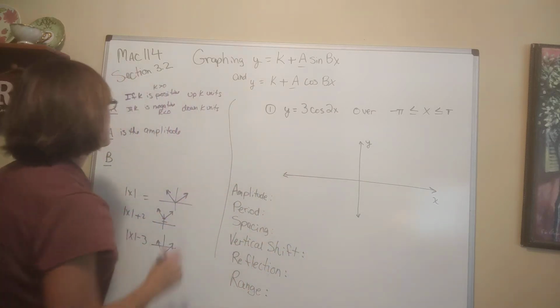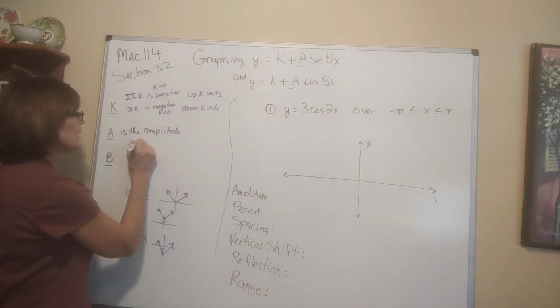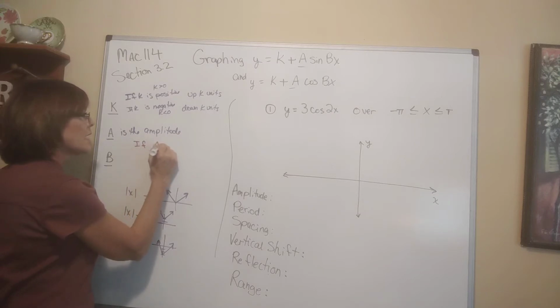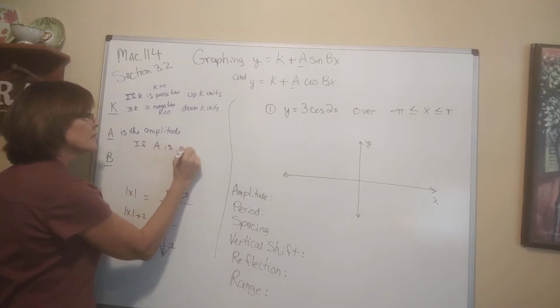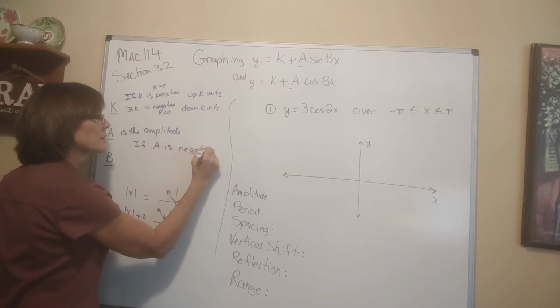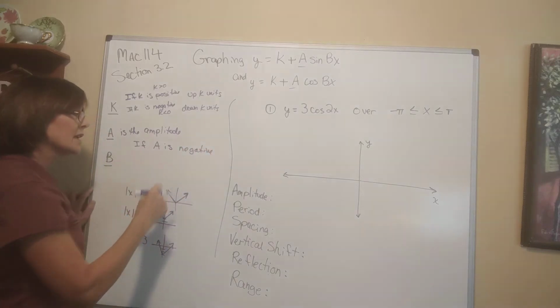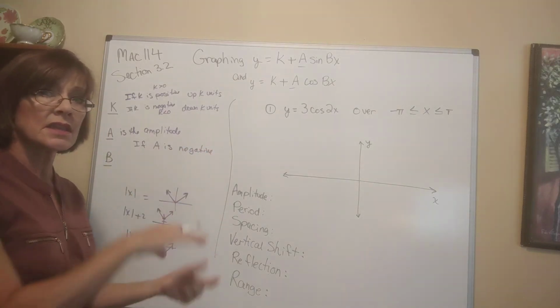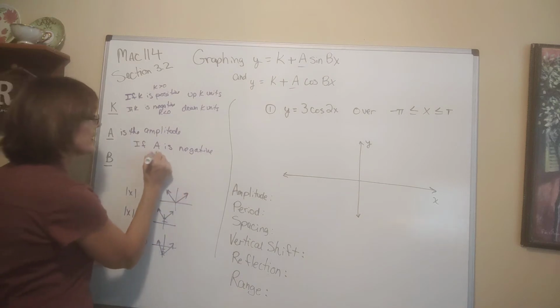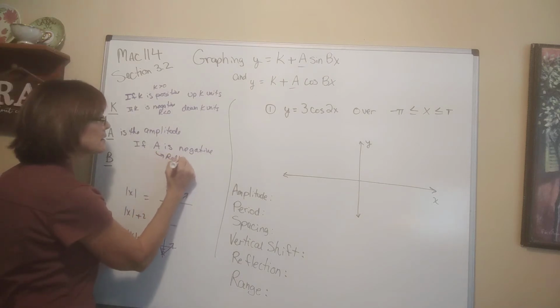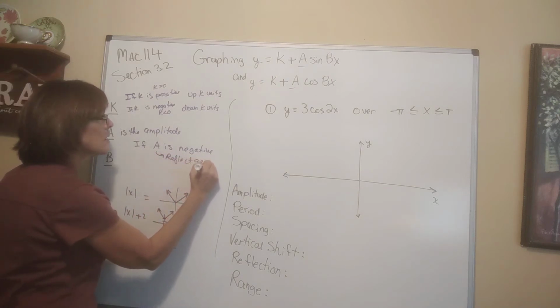If a is negative, then that is indicating a reflection across the x-axis.